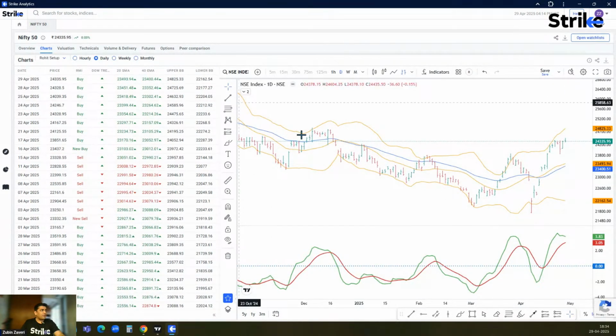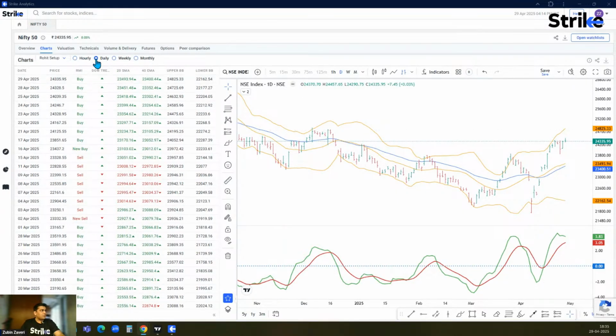All right. And the blue color line is the 40 period EMA. All right. Then we have the yellow upper Bollinger Band and the lower Bollinger Band. Okay. So these are the details in the tabular format.